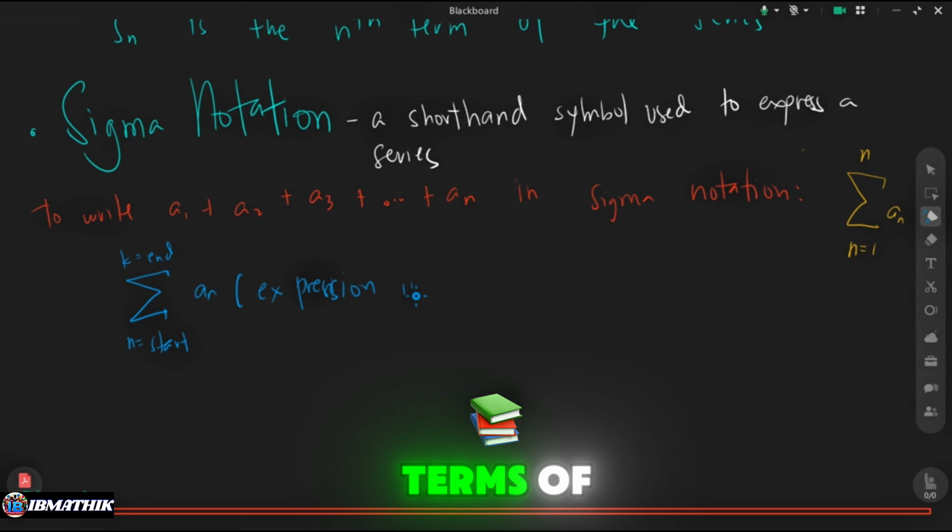Alright, so let's have the last term, which is the sigma notation. It is a shorthand symbol used to express a series. To write, let's say, first term, second term, third term, so on and so forth, plus nth term in sigma notation, it will be like this.